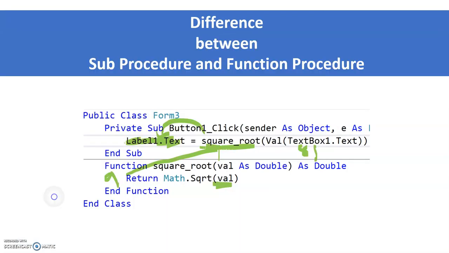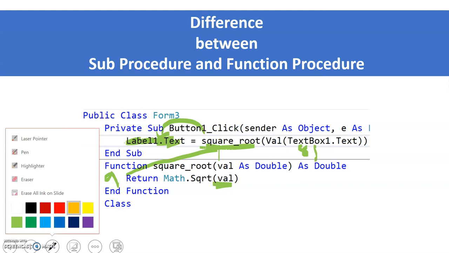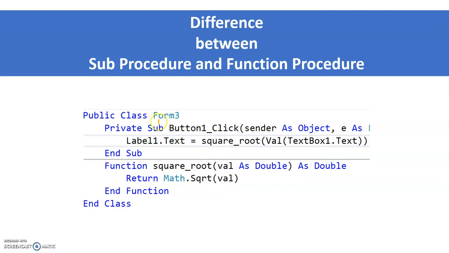In this example you can see that here we have a sub procedure. Button click is a sub procedure, while square root is a function procedure, right? So it's easy, right? It's all about the difference between the sub procedure and the function procedure.